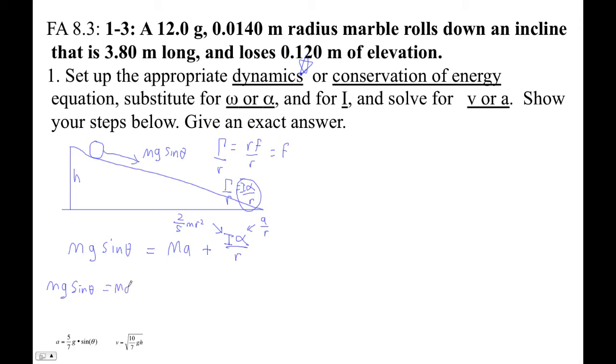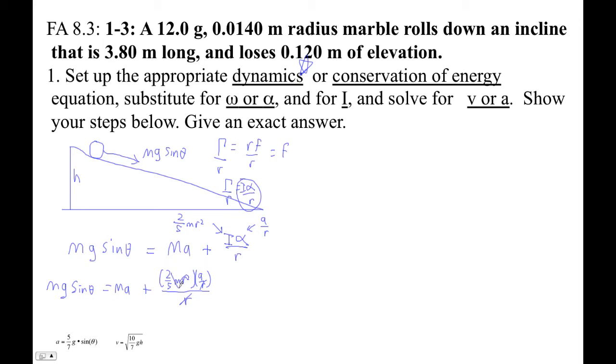Right, that's MA plus, and then it's 2/5, right, times A over R, and that's divided by R, right? Notice that R is going to go away.